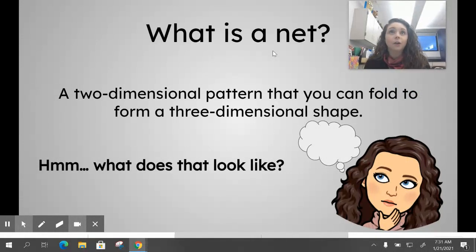So if you've ever heard of a blueprint for a house, it's kind of like a blueprint for a 3D shape. Although you may not fold a blueprint for a house, it still is like the directions for how to get around a house, while a net is the directions on how to fold it to show you a 3D shape.